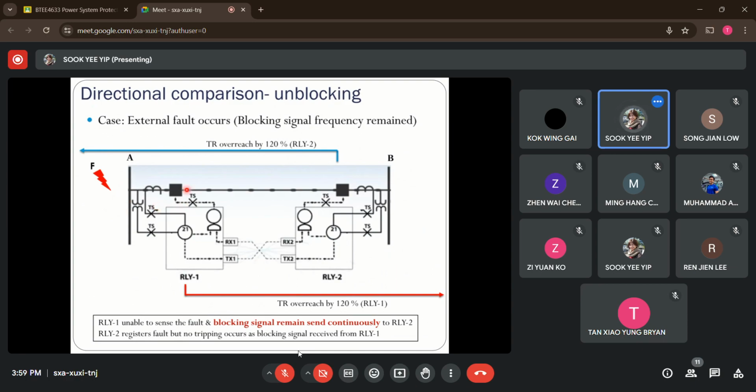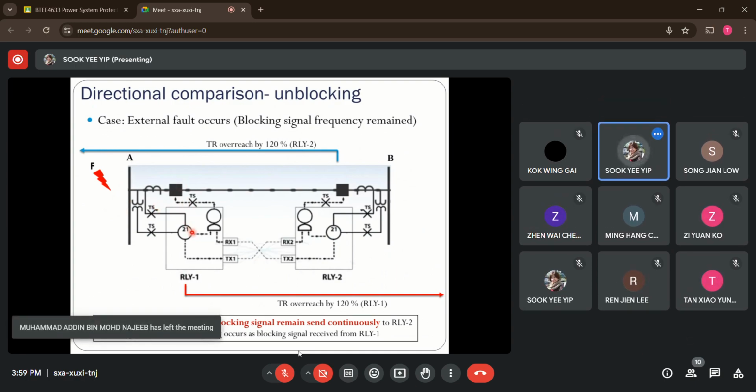But because the tripping relay at A is unable to sense this fault, the blocking signal still continues to be sent over to the other side, which is terminus B here. So even though the tripping relay at terminus B is able to sense this fault, because I received the blocking signal from terminus A, no tripping will occur. Right? That's how we have this comparison scheme.